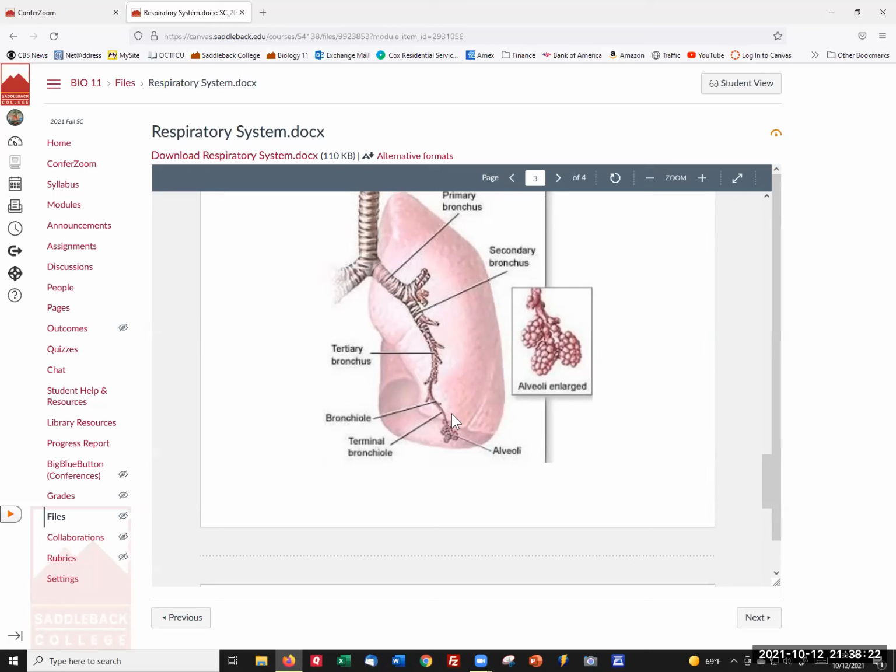Everything else can be opened just by the pressure of breathing in and breathing out. So the first passageway that doesn't have cartilage is the bronchiole, because everything before the bronchiole has cartilage.